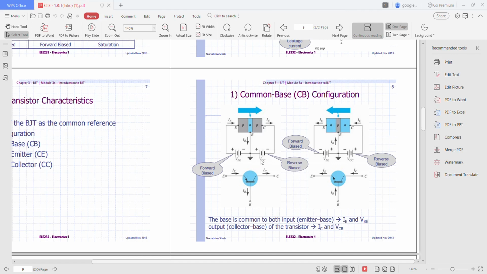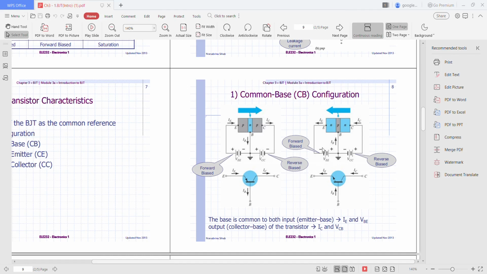If you look here, I have explained before at the previous slide, when the polarity of the source is plus here and minus here, what will happen? This is forward bias, so the current IE will move in this direction. This configuration is PNP. So here will become reverse bias.